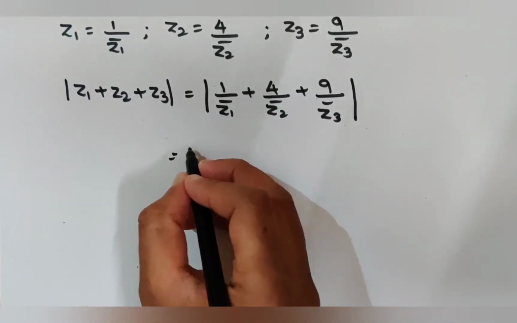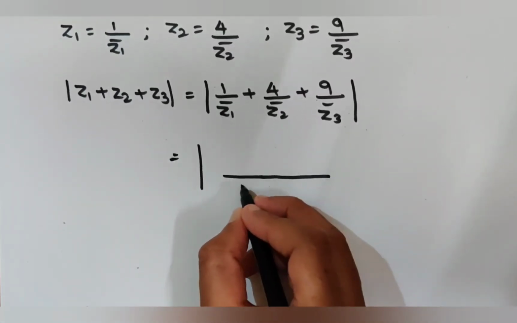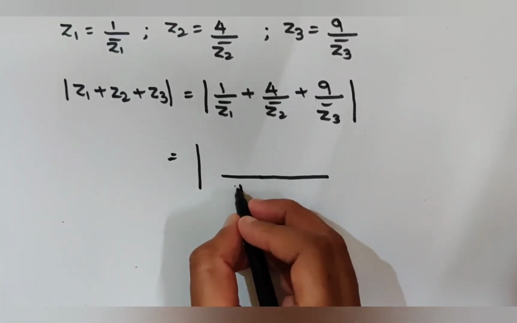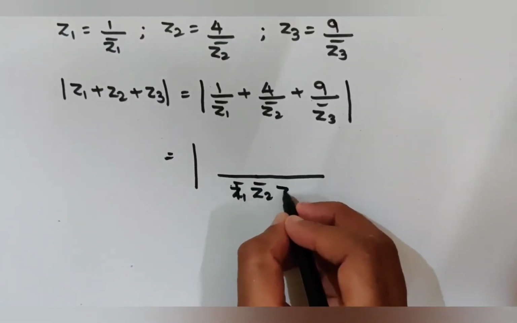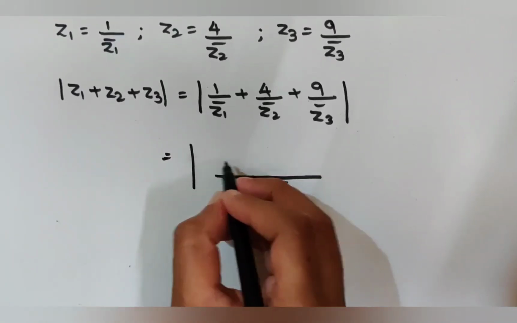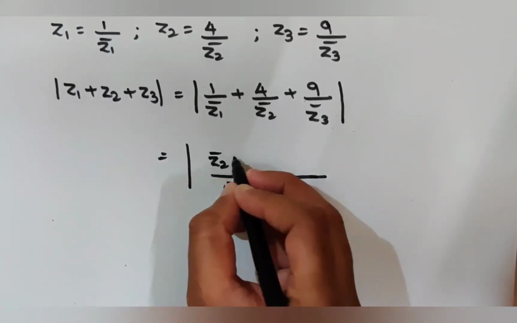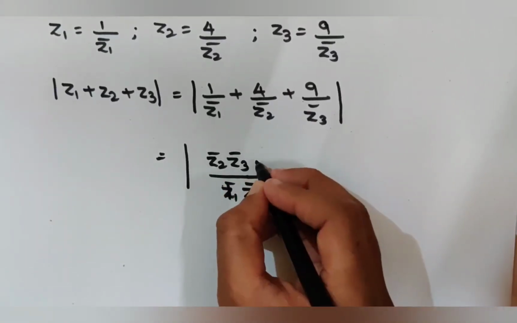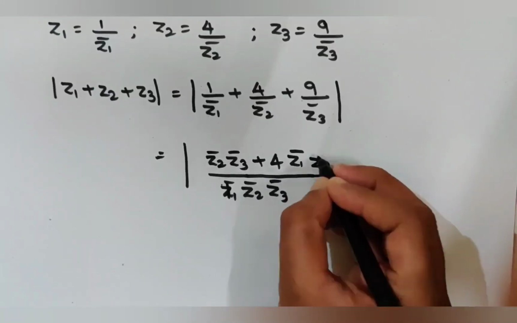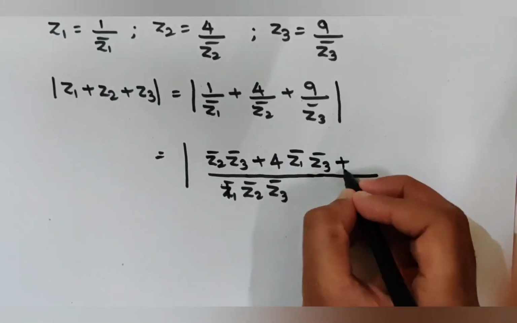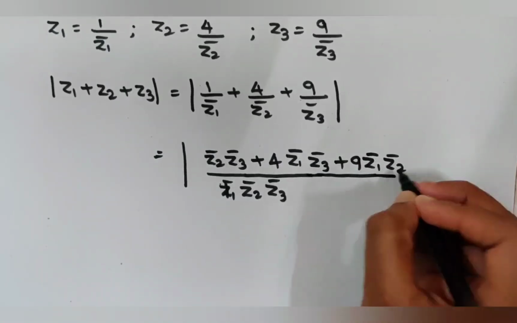So take the LCM. My LCM is z1 bar, z2 bar, z3 bar. If I take LCM, it becomes 1 into z2 bar z3 bar plus 4 into z1 bar z3 bar plus 9 into z1 bar z2 bar.